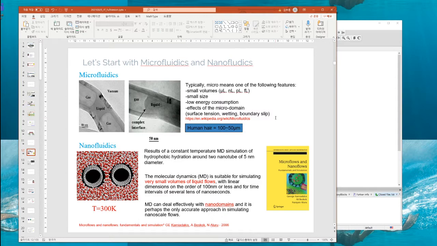The behavior of the fluid is pretty different from the continuum fluid that we see around us, because surface tension, wetting, and boundary slip are not negligible. But there are some advantages too. In microfluidics, with flows at the scale of a human hair, they usually require low energy consumption, and the devices can be built at a small scale.